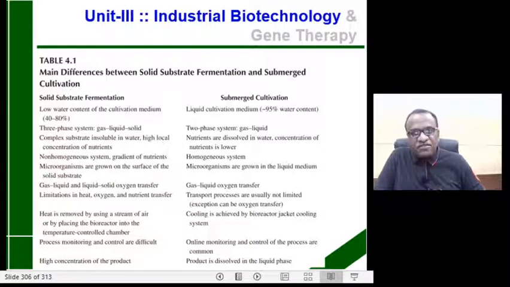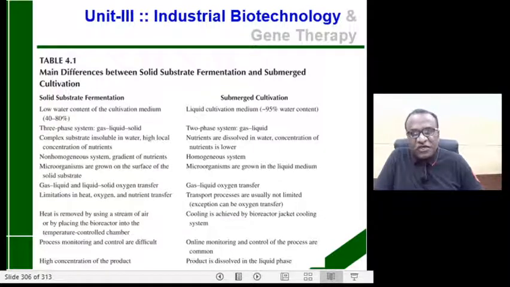In submerged cultivation, the transport processes are usually not limited, and the transfer rate is between gas and liquid. Cooling is achieved by the fermenter jacket, which has a pre-installed cooling system, and online monitoring and control of the process is a possibility, but the product is dissolved in the liquid phase.